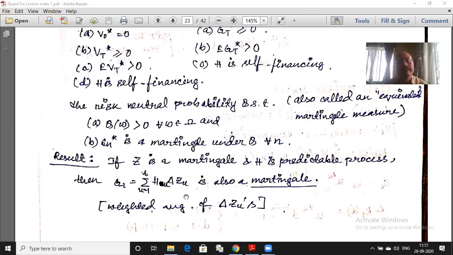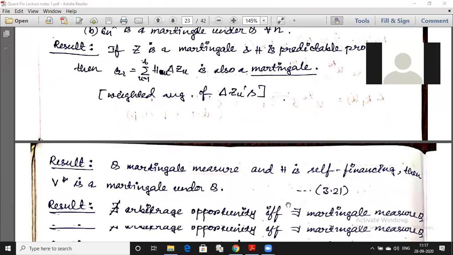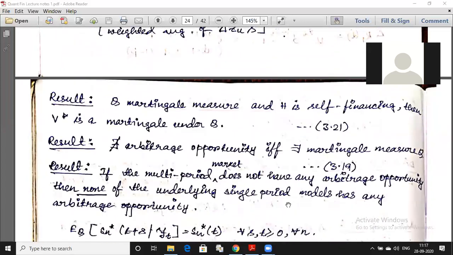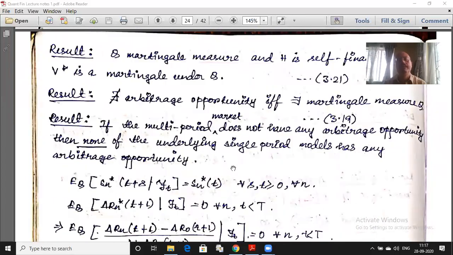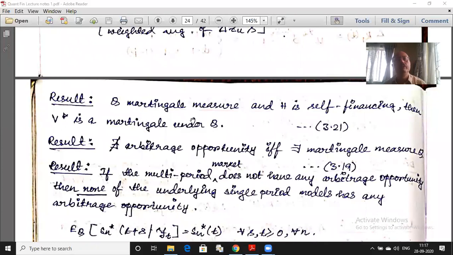And if I just replace Z by S, you know what I am looking at. So this is the result I am actually looking at, that if Q is a martingale measure and H is a self-financing strategy which is predictable, then V star is a martingale under Q. Is that okay?